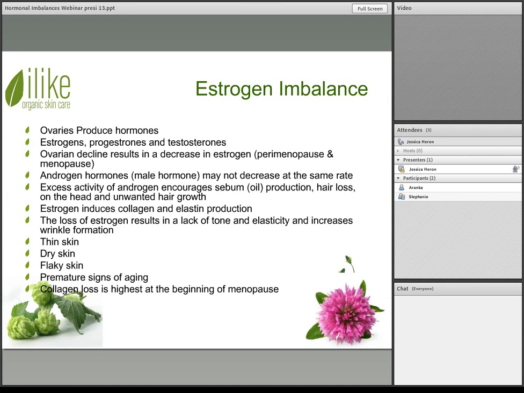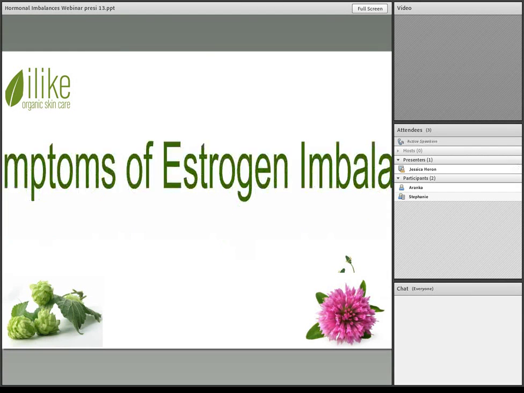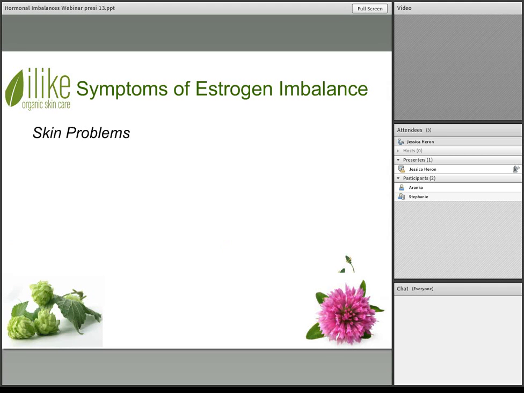So let's take a look at some of these symptoms of estrogen imbalance, some of the skin problems that are normally common during this time in the perimenopausal and menopausal stages. Sometimes breakouts are associated with this estrogen imbalance, especially on the lower parts of the facial area, like below the nose, around the chin, around the jawline, and sometimes even around the mouth.